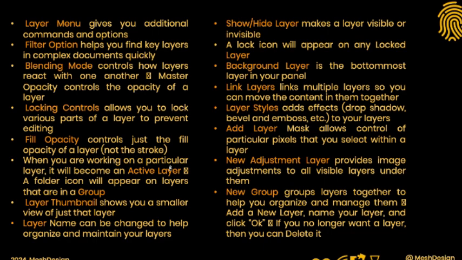And then all your image layers, you select all of them and name them image. So that your work can be organized and managed properly, so you can understand where to go when you want to make certain adjustments. So we add a new layer, name your layer, and you click OK. If you no longer want a layer, you just delete it.